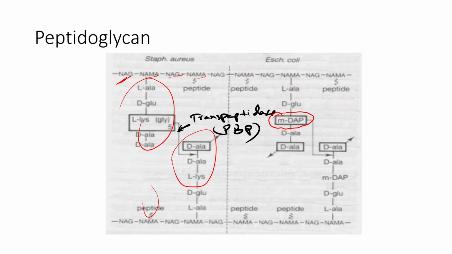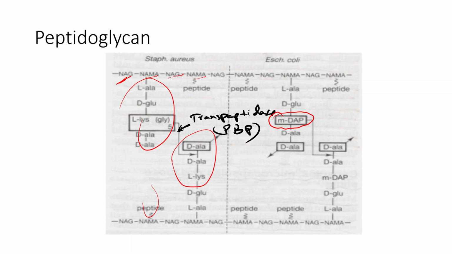That is why we call them penicillin binding proteins. Why penicillin binding protein, when it is all the beta-lactams, not only penicillins? They all bind to the transpeptidase, but penicillin was the first antibiotic to be discovered, so in those days we started to call them penicillin binding proteins. Later other antibiotics were discovered, but we still call them penicillin binding proteins. Remember, that is the site of binding for all the beta-lactams.